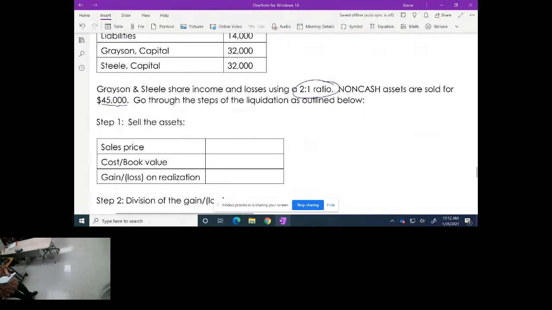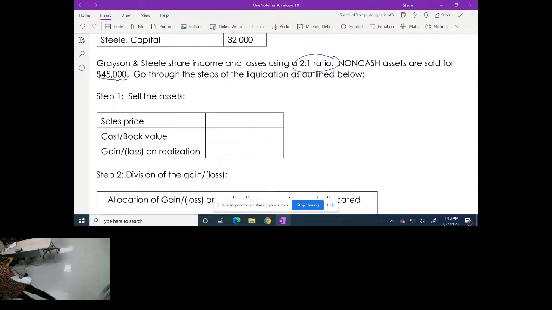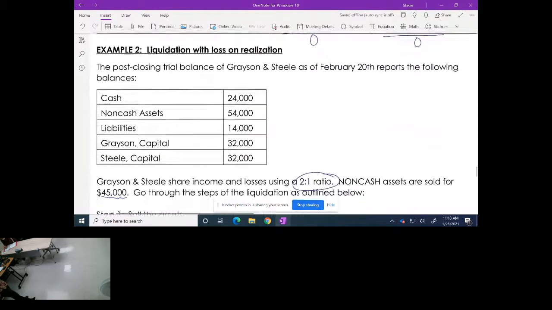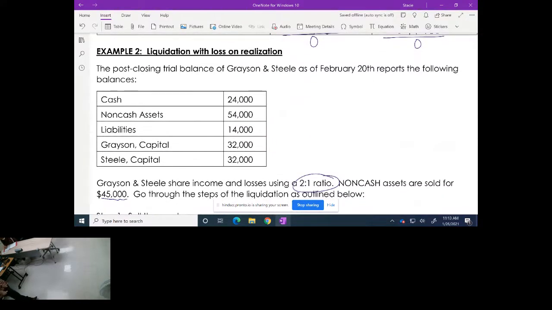All right, so our sales price for our assets. What did they tell us? $45,000. What's my cost of those assets, or my book value? 54.